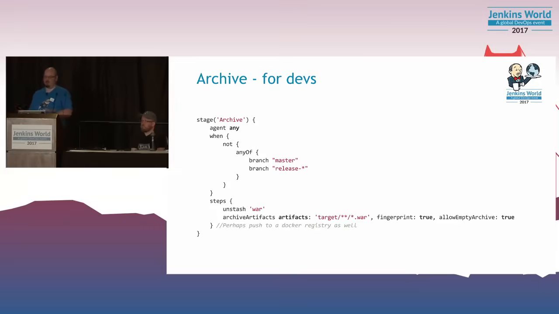We only need to unstash the build results and then call the archive artifacts step here. And we'll fingerprint that to make sure that we can keep track of it in case it turns up in production somewhere. And then just to be safe, allow empty archive means that it won't fail if the war file isn't there.